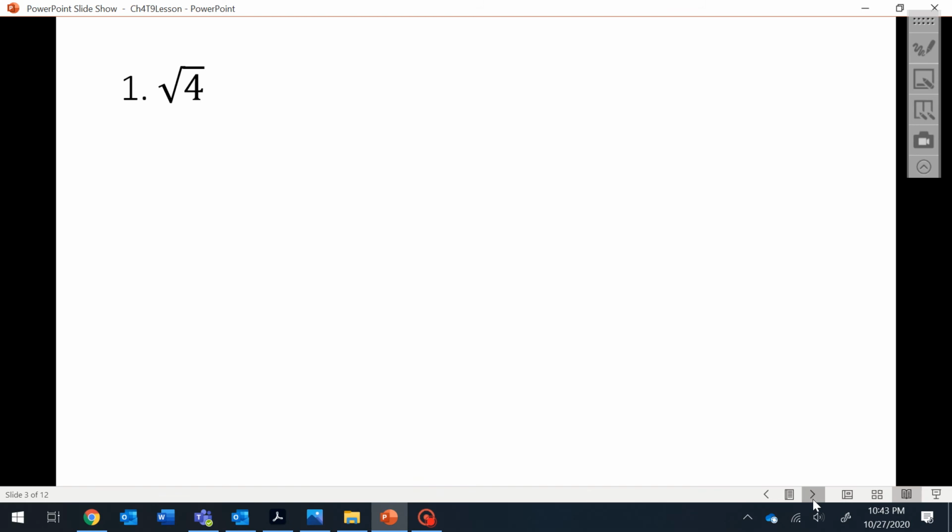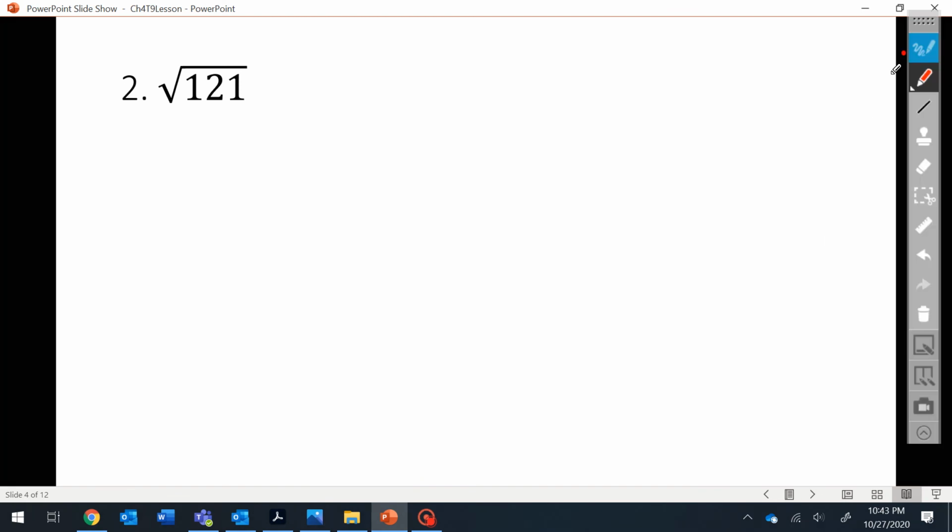Same thing with a problem like number 2, which we have the square root of 121. If we break up 121 into its factors, we see that it's 11 times 11. So the square root of 121 is really the square root of 11 times 11.